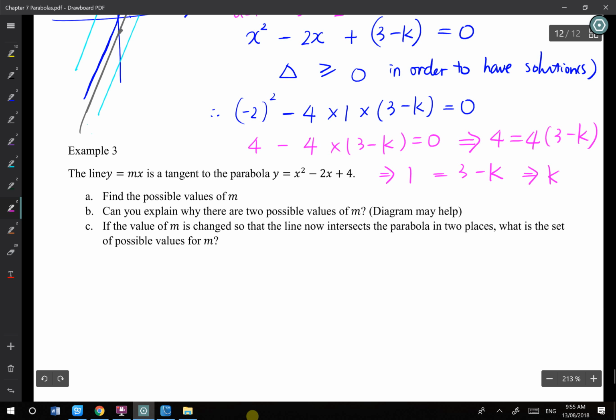1 equals 3 minus k. K is 2. Well, I need greater or equal to. So what I have is, move k to the side, k is greater or equal to 2.